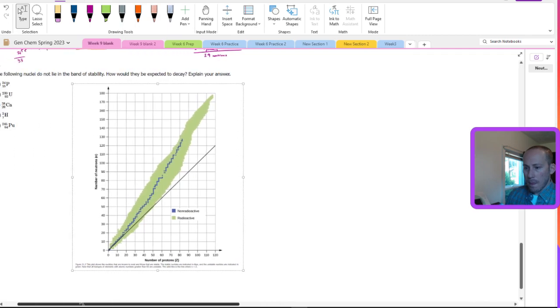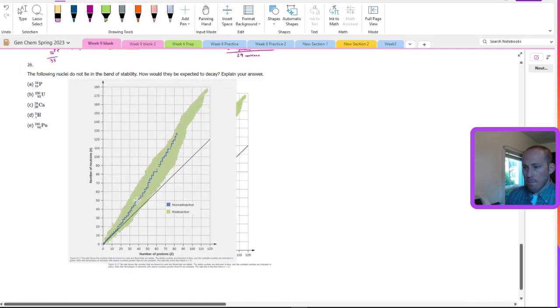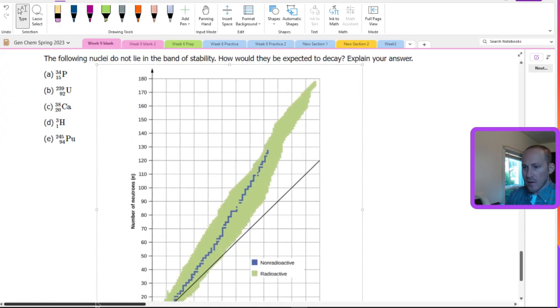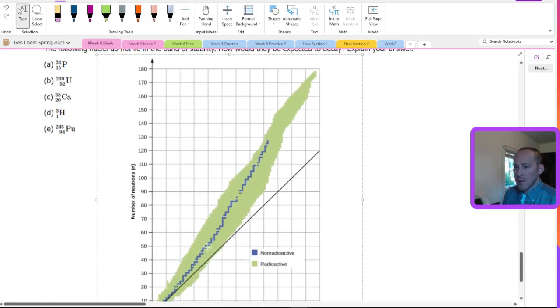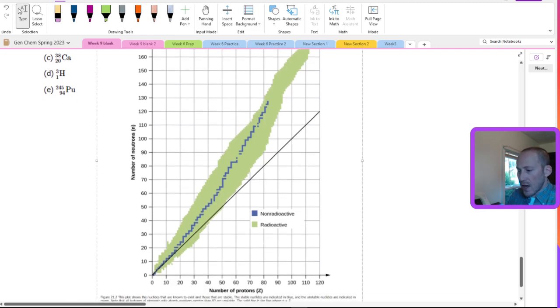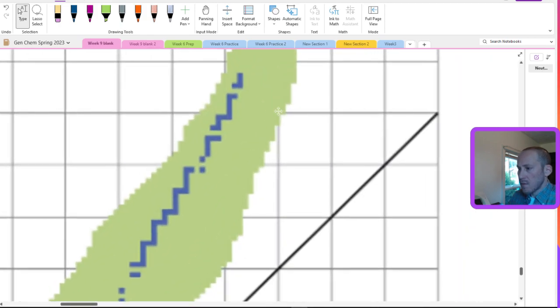So we're going to start out with, yeah, let's go for uranium. Hopefully this one will be more obvious. So 92. First off, we're starting out with 92. So here's 90.